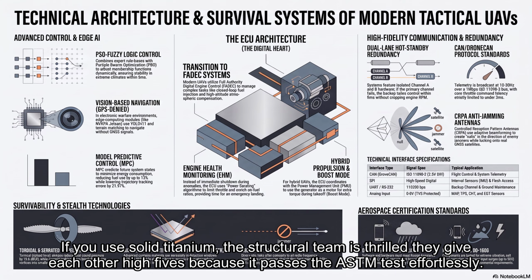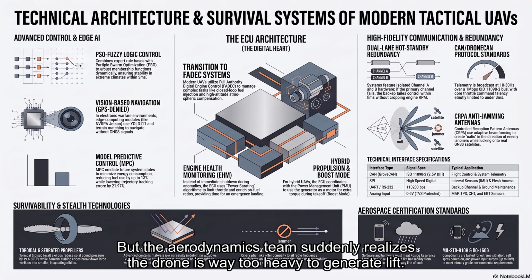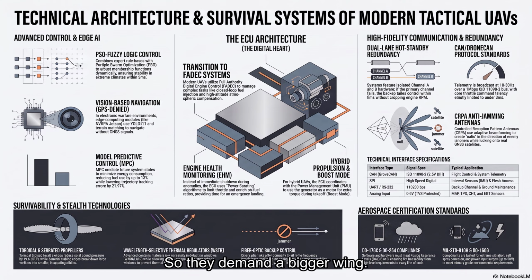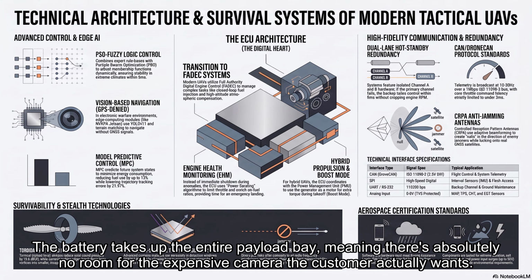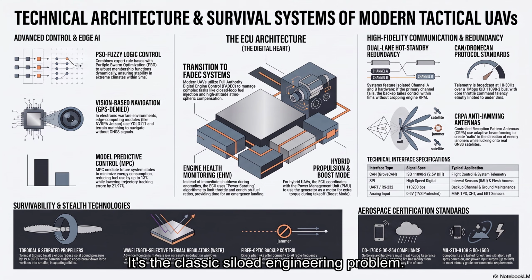They give each other high fives because it passes the ASTM test effortlessly. But the aerodynamics team suddenly realizes the drone is way too heavy to generate lift, so they demand a bigger wing. The bigger wing adds more weight and drag, so the propulsion team demands a massive battery. The battery takes up the entire payload bay, meaning there's absolutely no room for the expensive camera the customer actually wants. It's the classic siloed engineering problem.